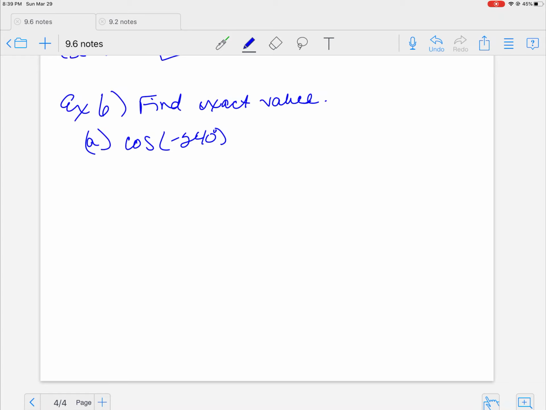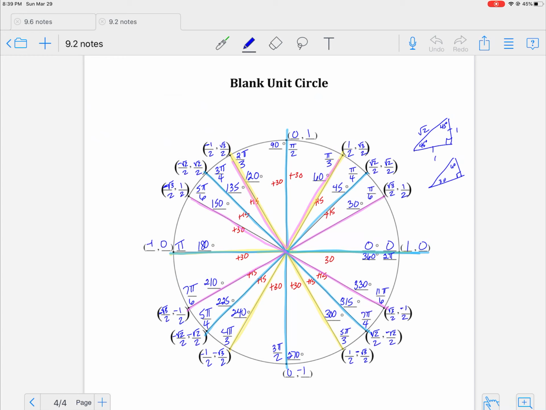So if I'm finding the exact value here of the cosine of negative 240 degrees. If I'm looking at the cosine here of negative 240, then I have to make that positive. So I have negative 240. I'm going to add 360 to that. And that puts me at 120. Or I can look at this. I'm telling you, I love this unit circle.